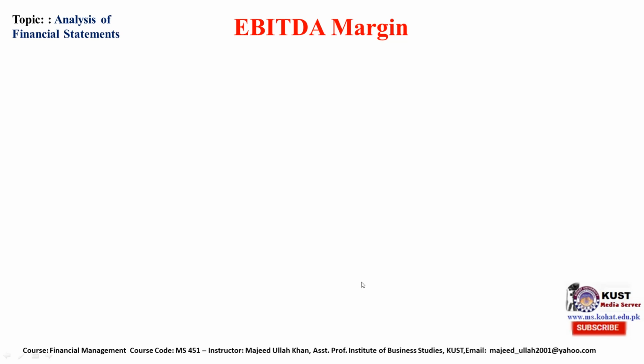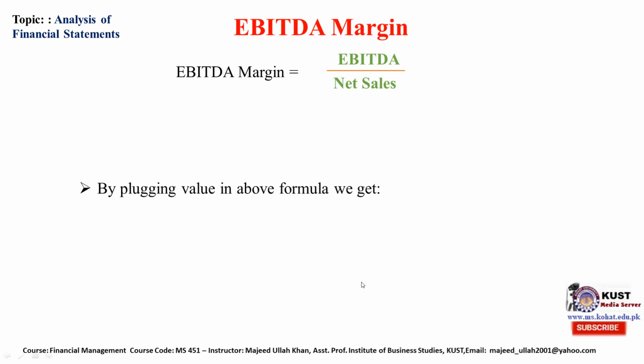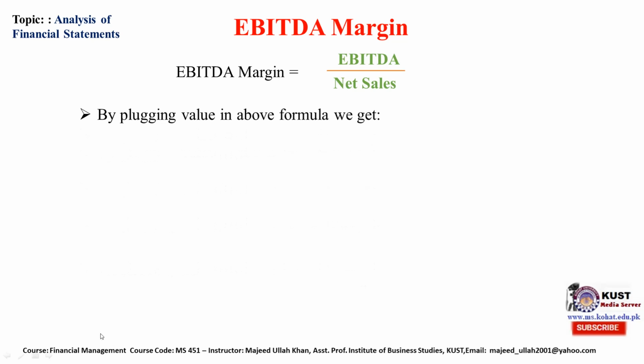Earning before interest, taxes, depreciation and amortization margin is equal to earning before interest, taxes, depreciation and amortization divided by net sale. How is it calculated?